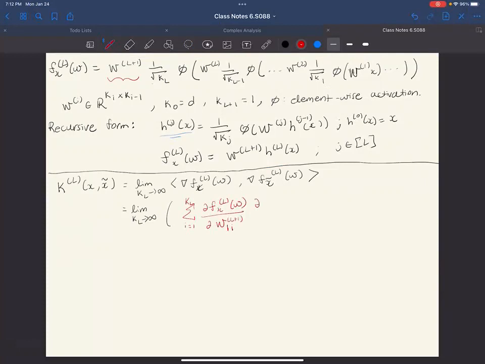So this is the new parameters that I introduced when I have a network with depth L. Okay. Now what I'm going to do in blue is just consider this inner product of gradients with respect to W tilde, which is going to be all of my other parameters. So W^L, W^2, all the way down to W^1.